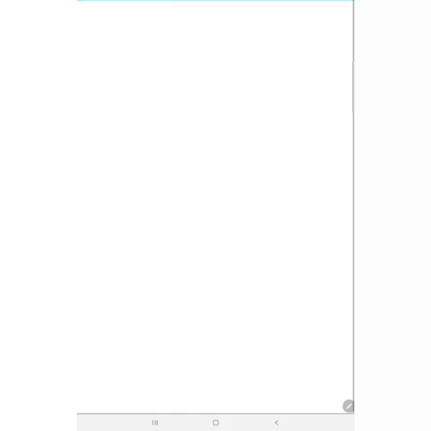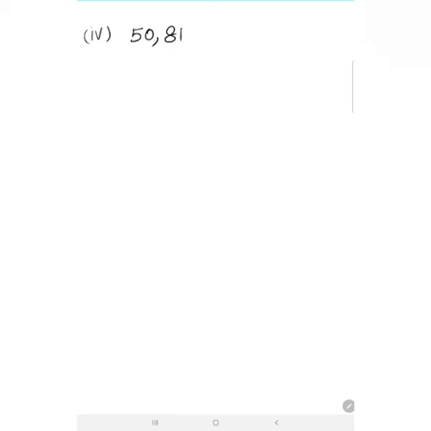Then next question. 50 lakhs 81,739. You have to change it to the nearest lakh. Okay. So 50 lakhs 81,739. Okay. So the lakhs place is 0.